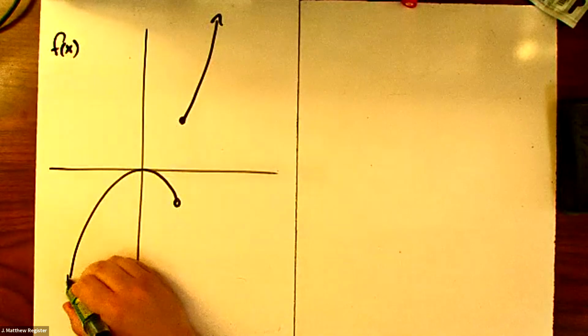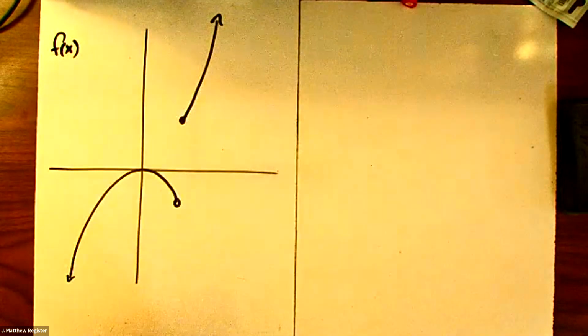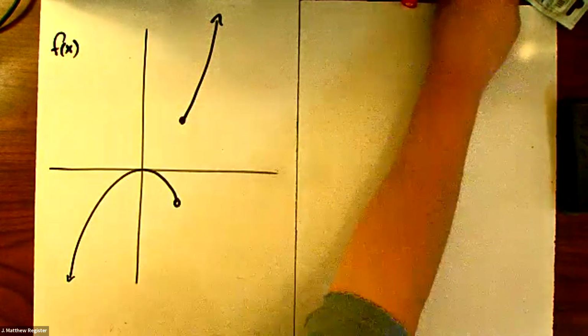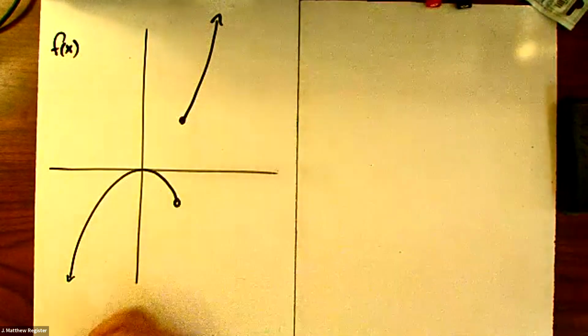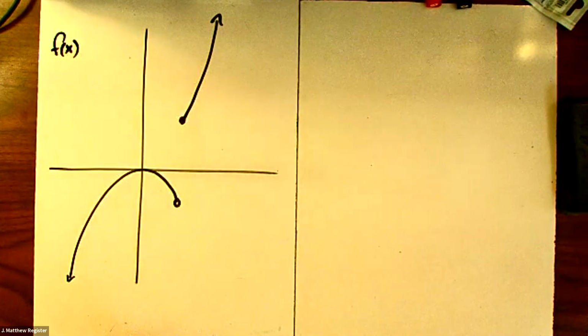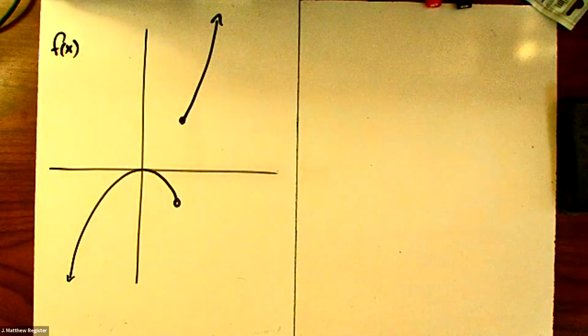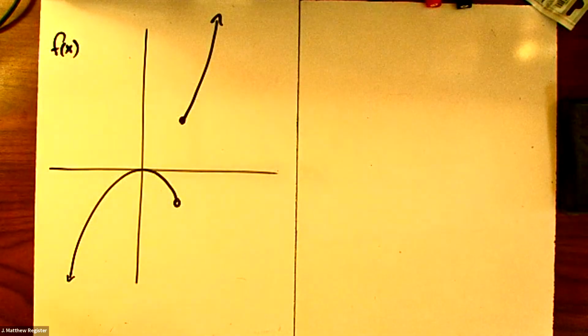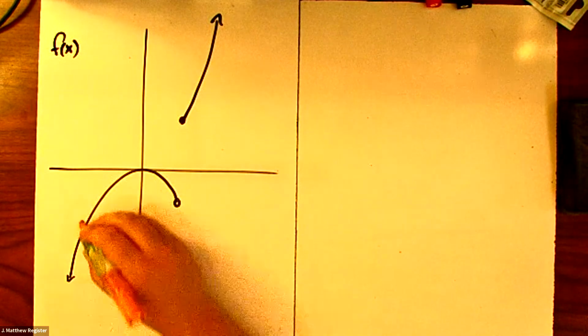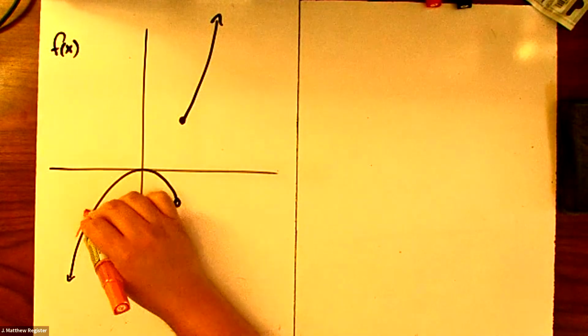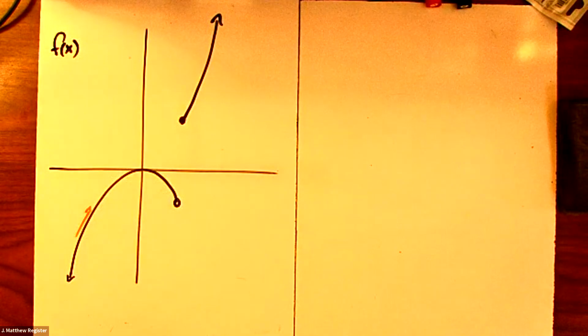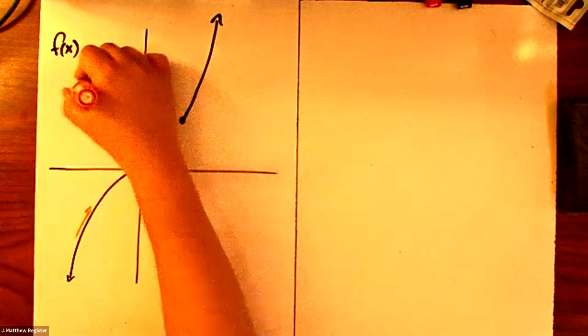And so this is our function. It's going to be going down in this direction, up in that direction. If we wanted to graph what the derivative of this function looks like, well, the derivative is going to be the slope. And so we could ask the question, what is the slope at all of the points on this graph? Over here, the slope is positive. And so we know we're going to be having positive values.